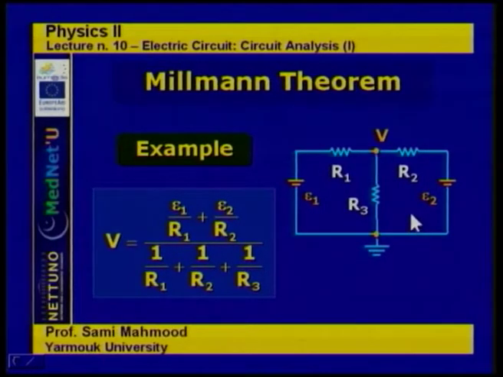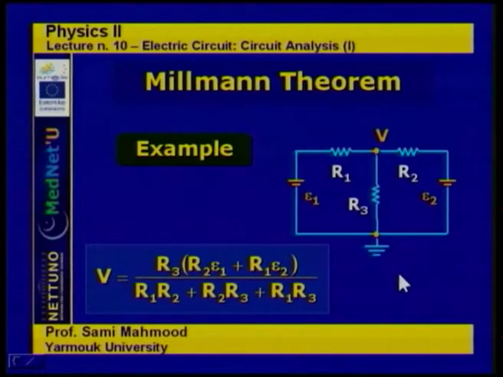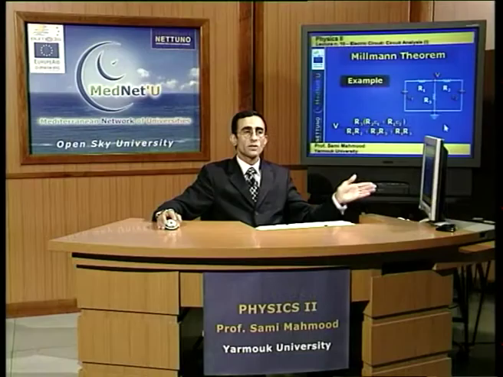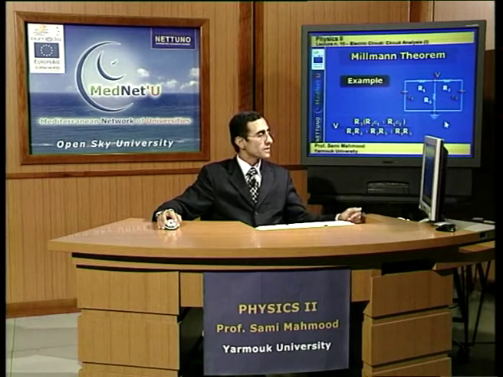These are the branch resistors. So this gives you the potential difference V across this set, and this gives you the potential at the node V is equal to R3 times R2 epsilon 1 plus R1 epsilon 2 over R1 R2 plus R2 R3 plus R1 R3, which is exactly the same result that we just obtained from the node analysis by applying simply Kirchhoff's laws. This is just another way of obtaining this potential.